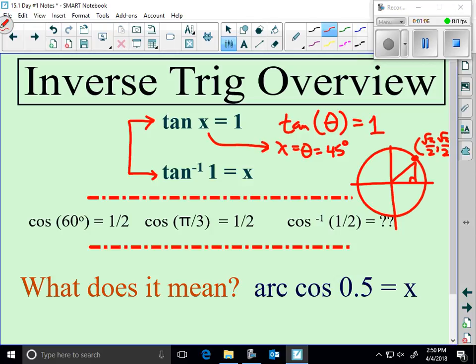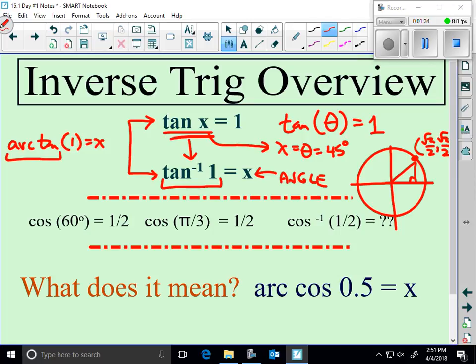Typically, this notation right here, with regards to its transition to that, would be a degree measure. Okay, so the inverse tangent will find you an angle. Okay, a similar notation with the same meaning would be arctangent of 1 is equal to x.